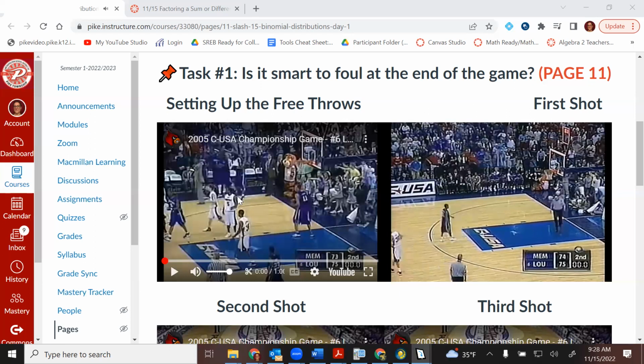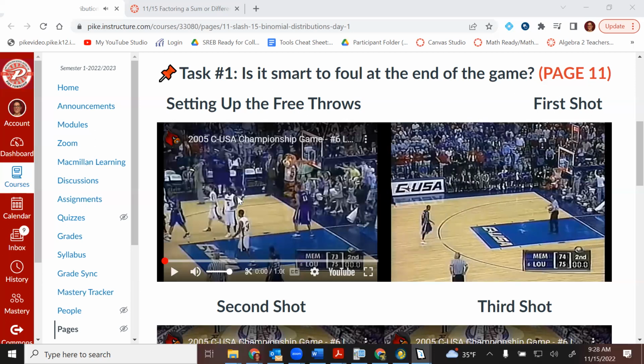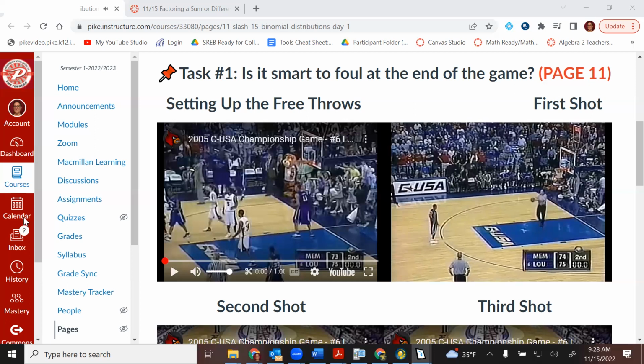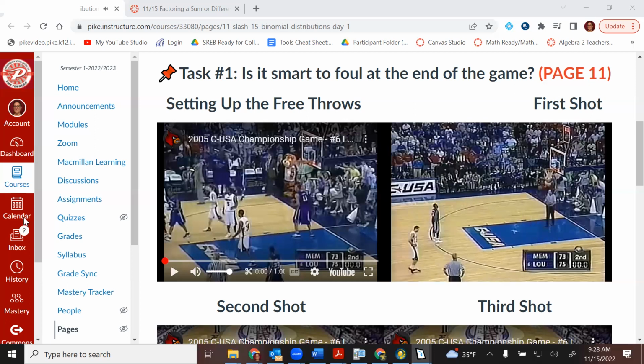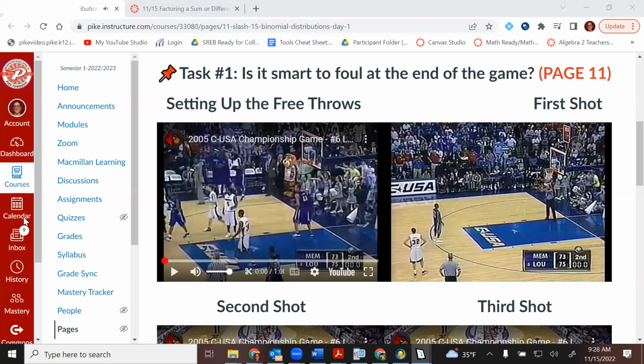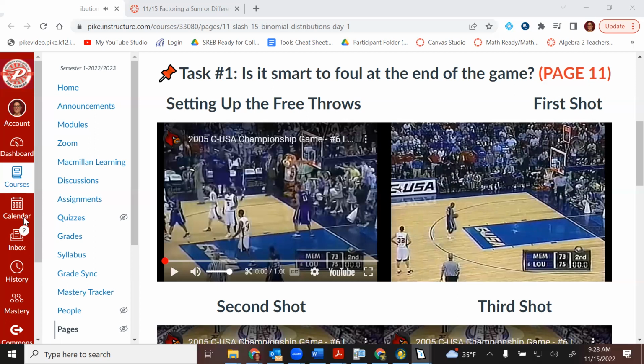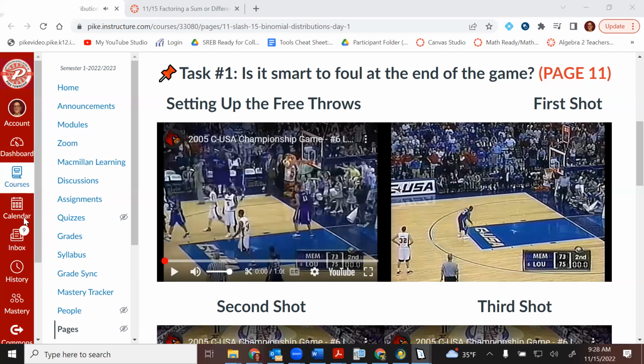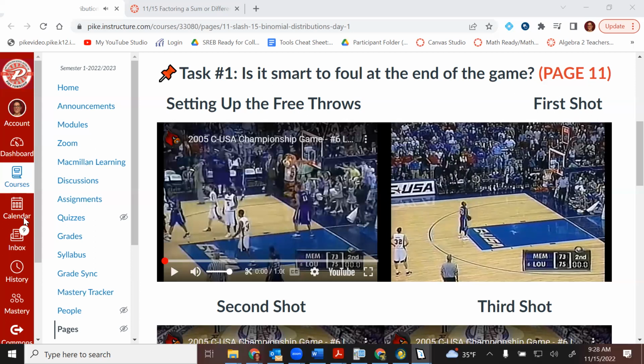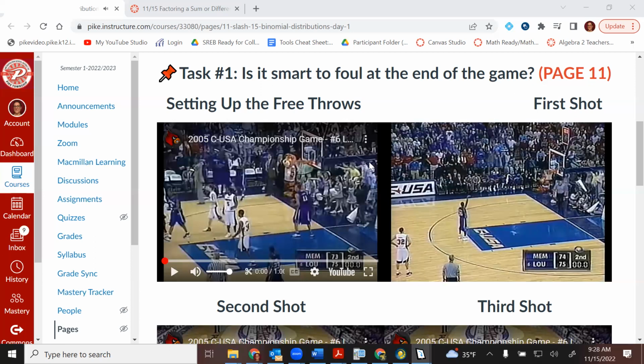What's the chance that they lose the game now? How would that happen? He misses both of the next shots, right? Because this was miss, miss, miss, or make, miss, miss. So if he misses the next two shots, they lose.